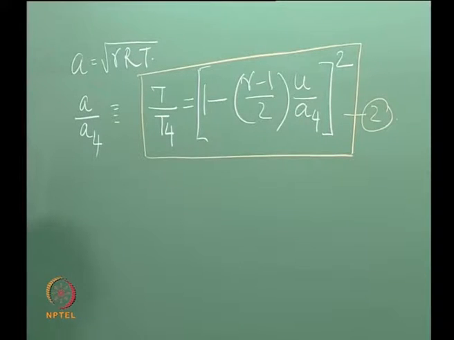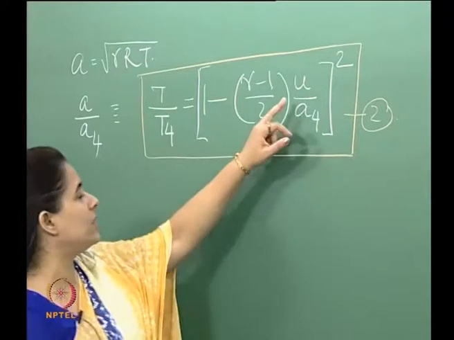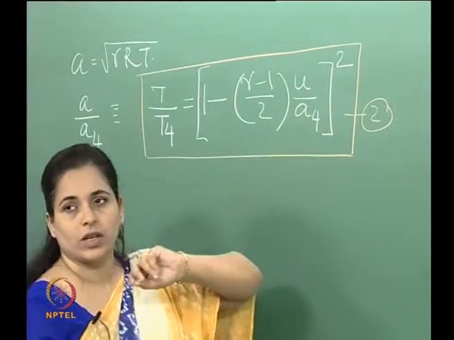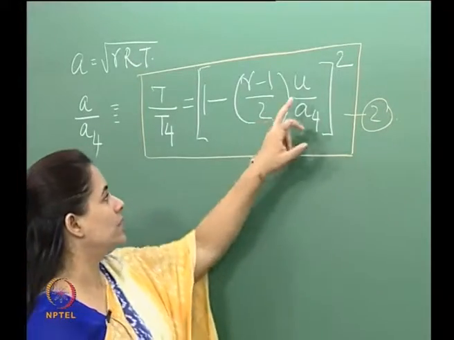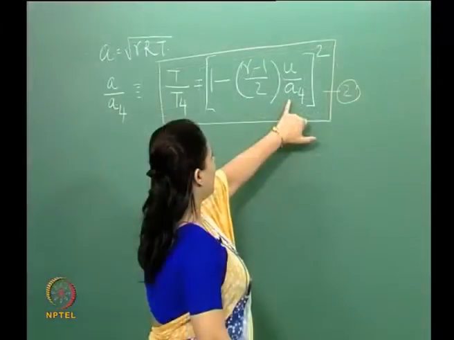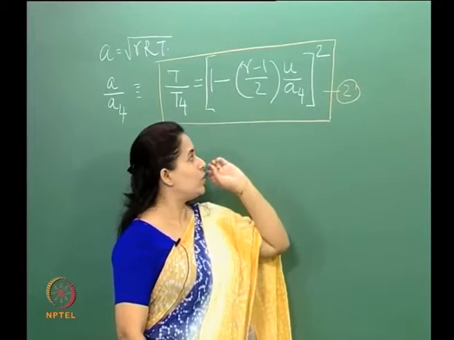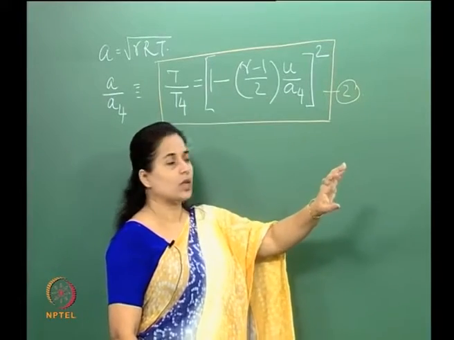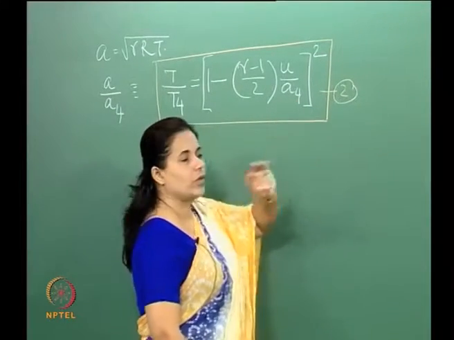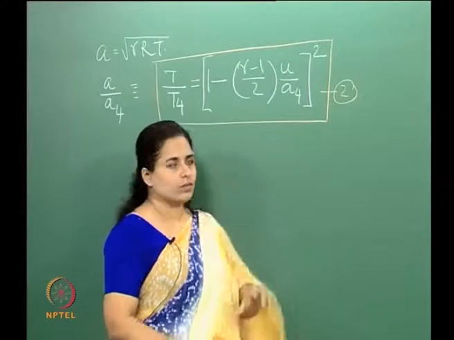What is interesting here is that this u is the local velocity within the fan, and a4 is the speed of sound in the region into which the fan is advancing. This is where the flow is stagnant or quiescent.